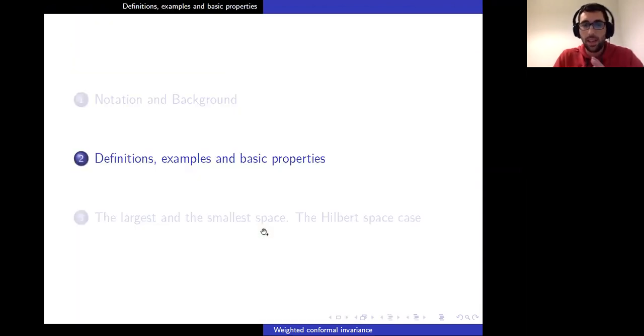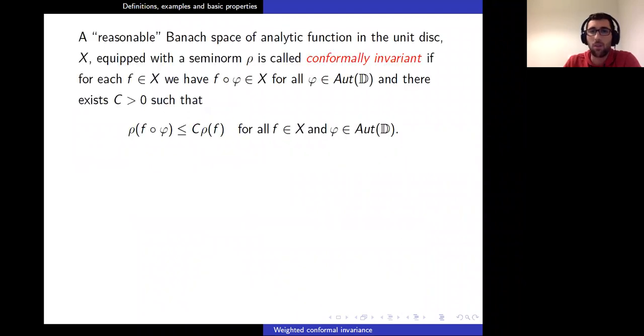So in this presentation, we focus on a concrete weighted conformal invariance property. First of all, I will recall the classical concept of conformal invariance. If we consider a reasonable Banach space of analytic functions in the unit disk endowed with a seminorm ρ, then we will say that our space is conformally invariant if for any function f in our space, f composed with any automorphism φ remains in our space.